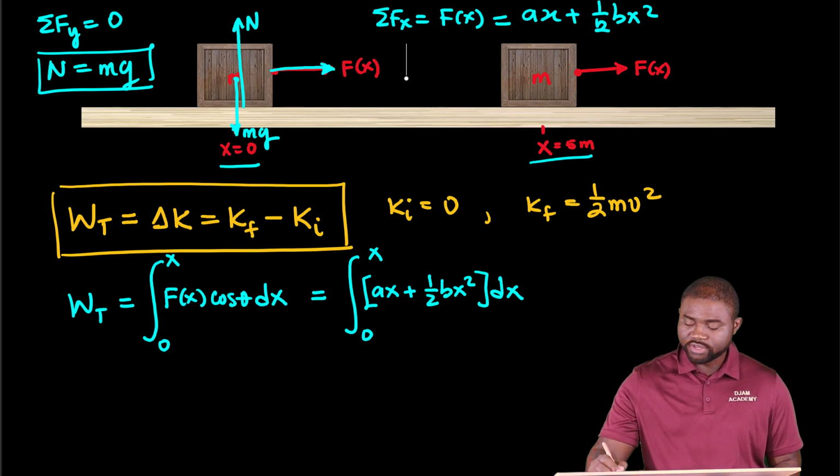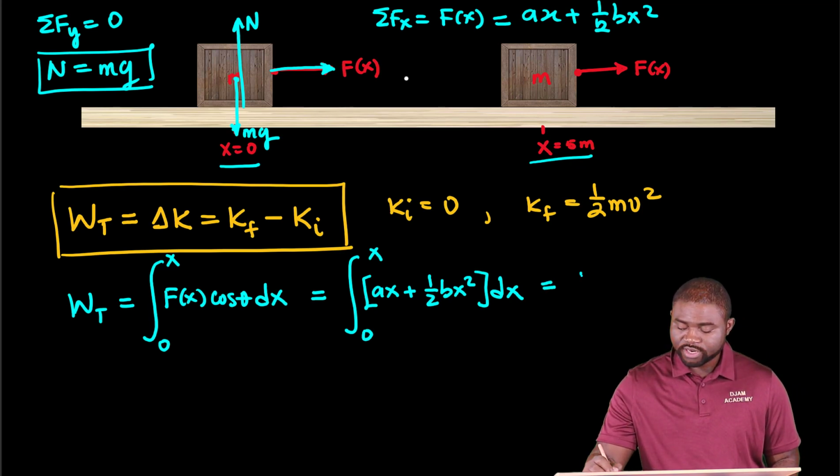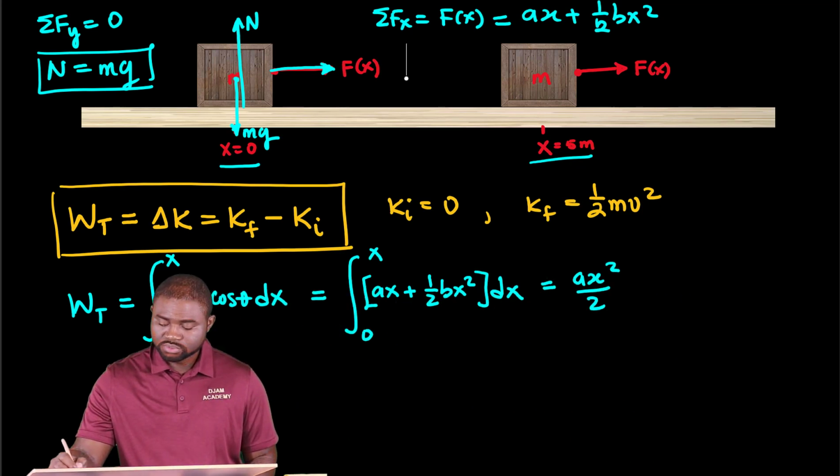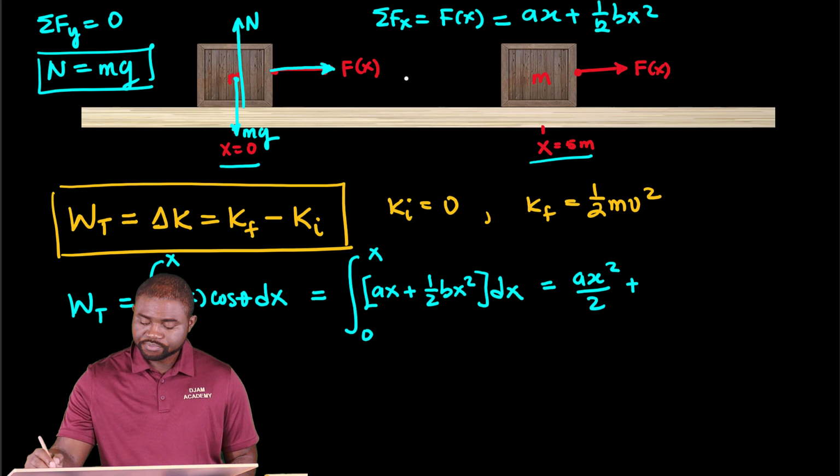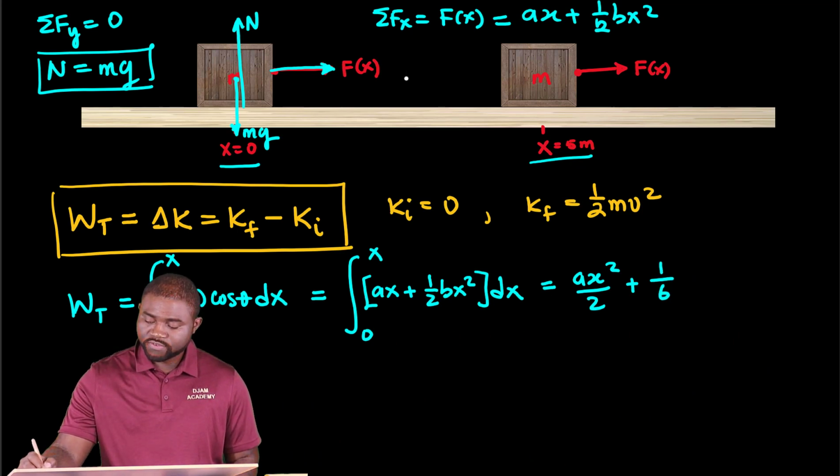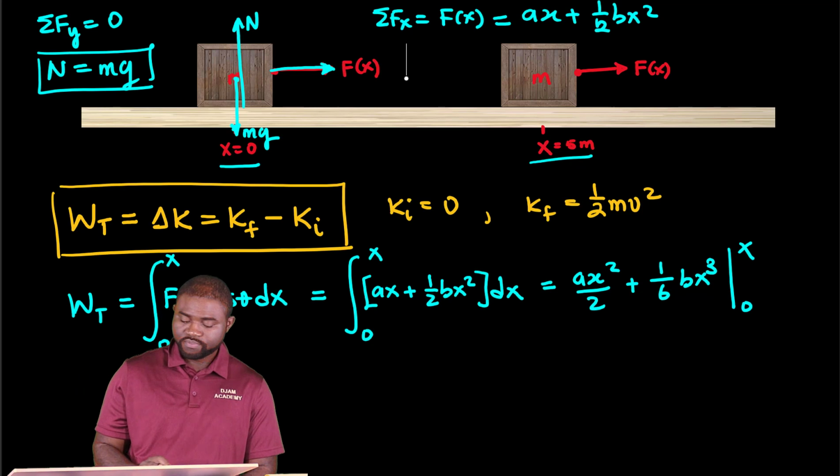If we integrate this, we will have Ax squared over 2 plus 1 over 6 Bx cubed. We're integrating from 0 to x.